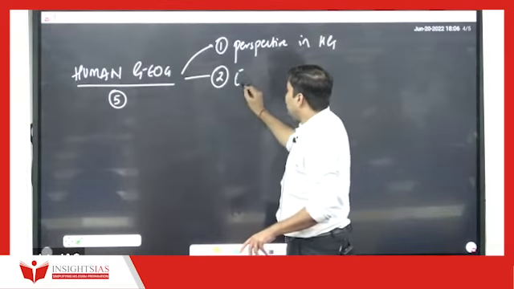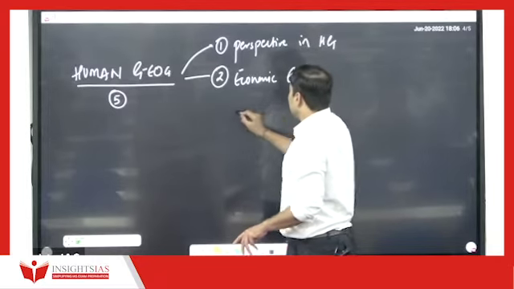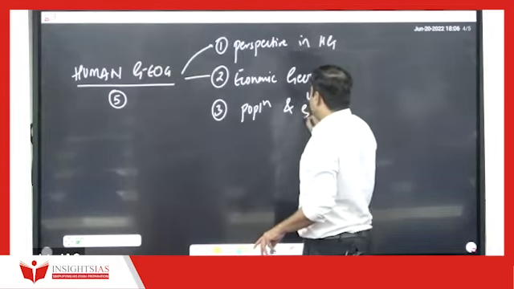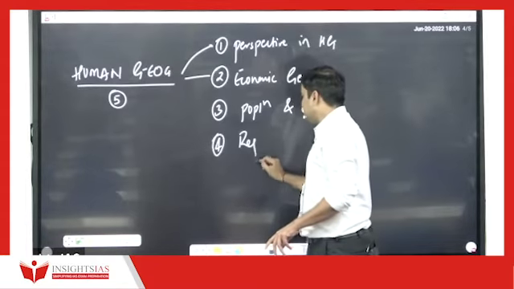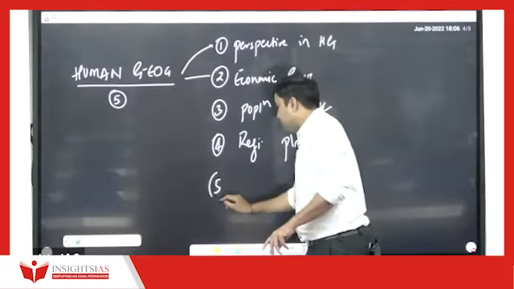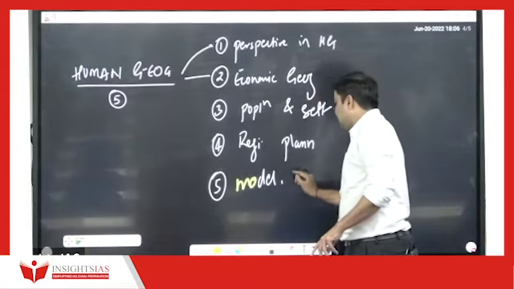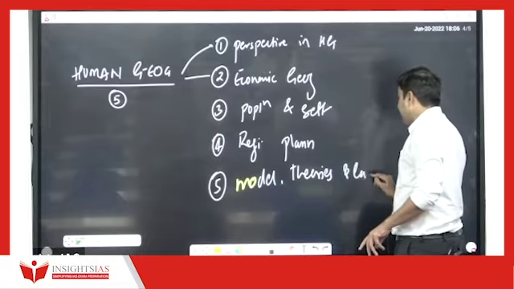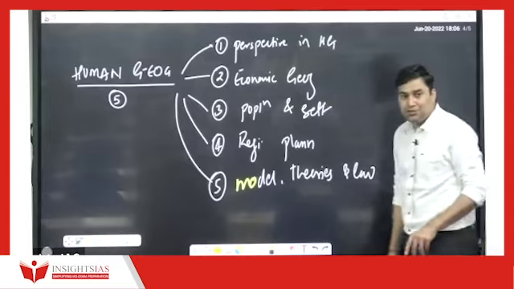Second, you have economic geography. Third, you have population and settlement geography. Fourth, you have regional planning. And fifth, you have basically models, theories, and various laws in geography. These are the 5 chapters of human geography.